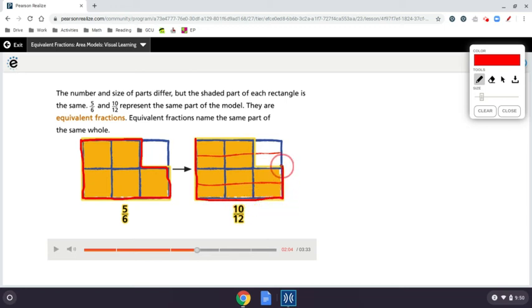That's what makes this equivalent. It's the same amount of the whole that's shaded in. It's just written differently because the denominator is different now, and the numerator is different now, just because of how we broke up this shape into more parts. But the amount that's shaded in is exactly the same. That's why we call these equivalent fractions. Equivalent fractions name the same part of the same whole.